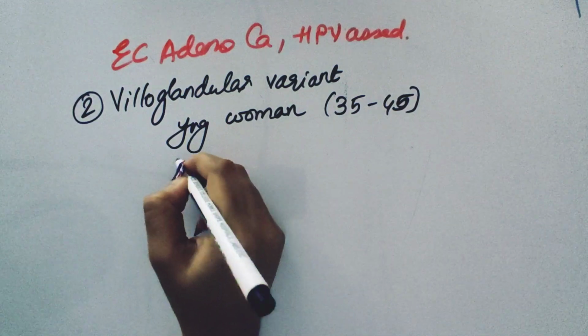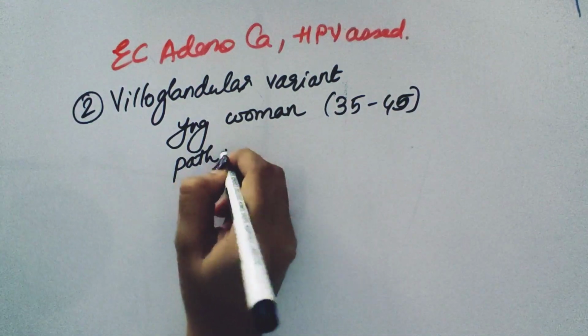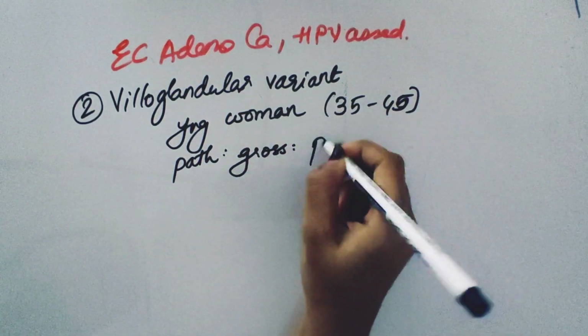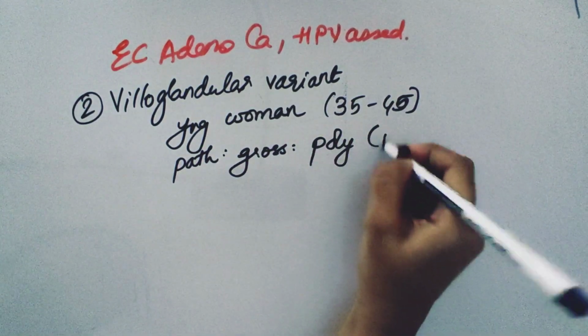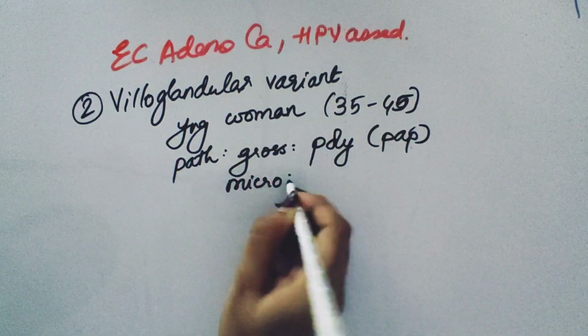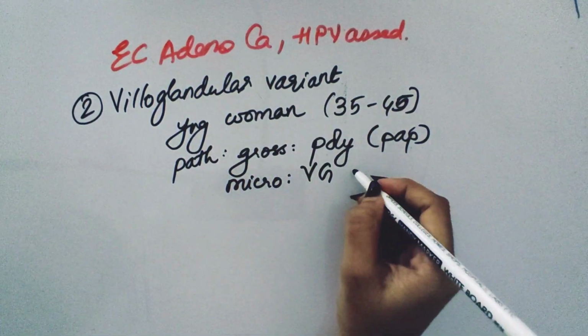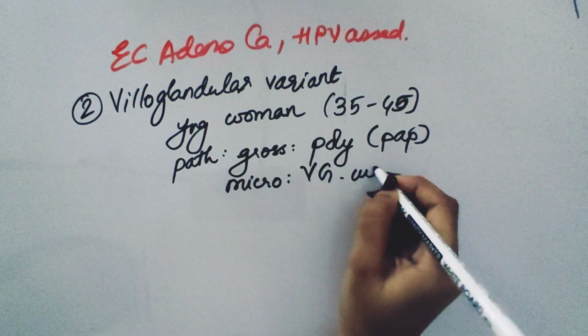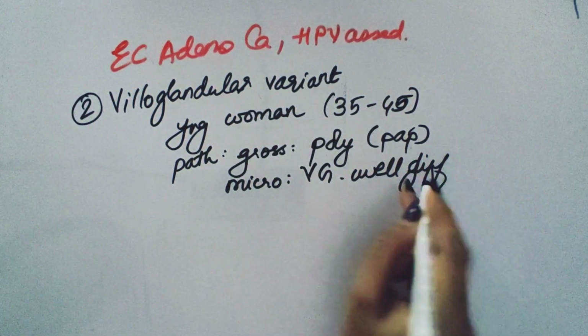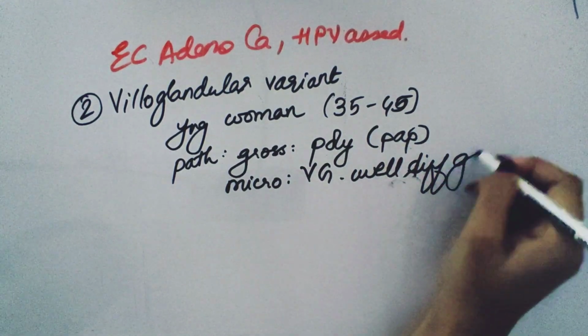And then pathology wise, what will you see? Grossly you will see a friable polyp, maybe a papillary pattern also. And microscopically, as you can see in the name itself, it is the villoglandular pattern, and I said excellent prognosis, so it should be well differentiated glands.